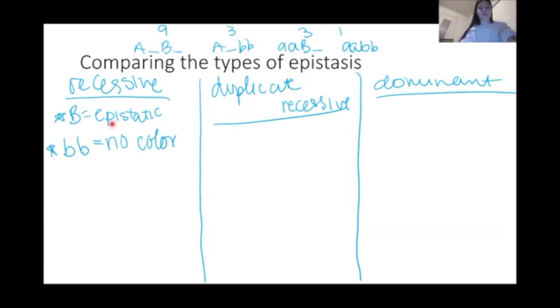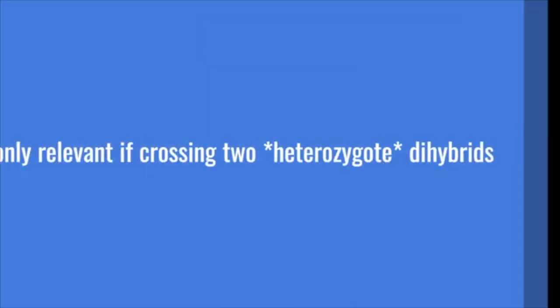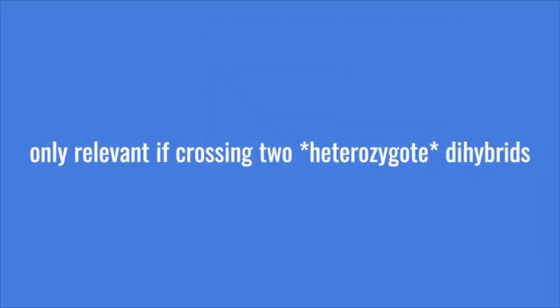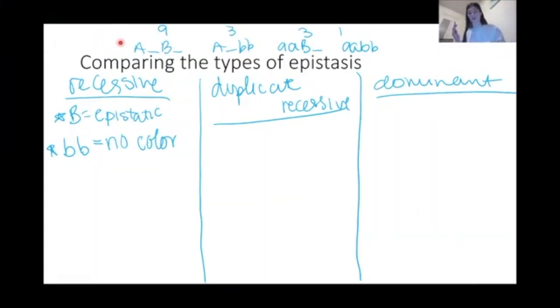and remember the ratios that we derive for these three types are only going to be relevant if we're crossing two dihybrids, because the ratios that I'm going to make in each of these spots come from the normal crossing of two dihybrids. So if you're not crossing two dihybrids, you're going to have to do small monohybrid crosses for each gene and then cross it yourself. Okay, so anytime there's little b, there's no color.